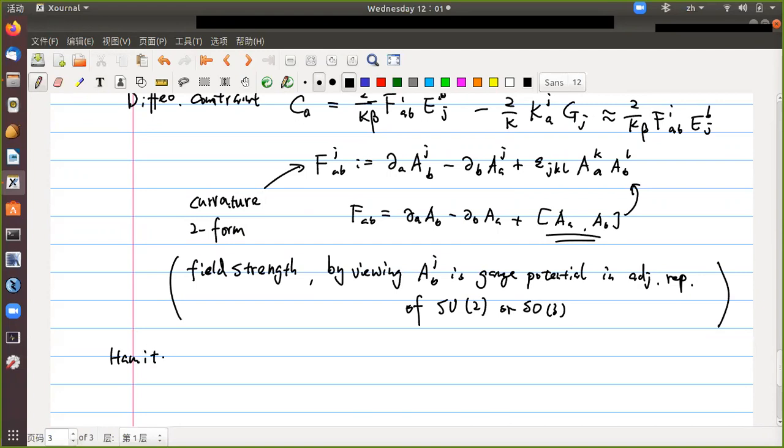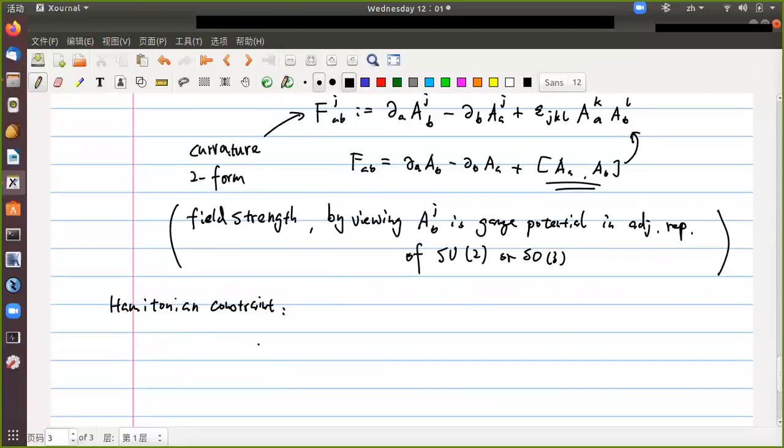You can re-express the Hamiltonian constraint in terms of A and E. So this is C equals 1 over kappa, F^J_{ab} times the square root of q, with q_{JK} E^K E^L. Okay, so this is the first term.